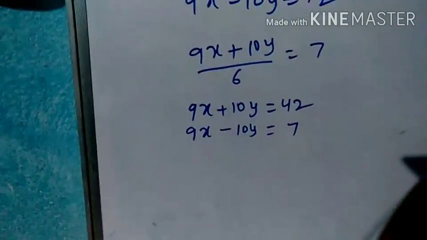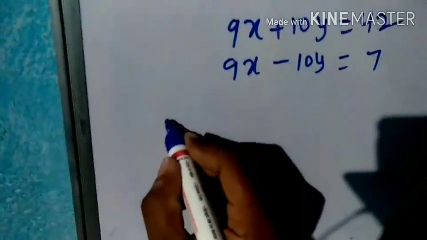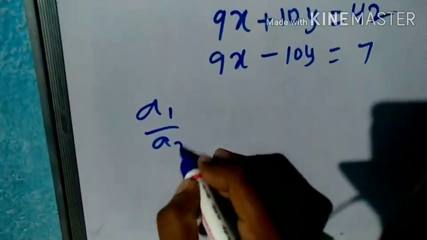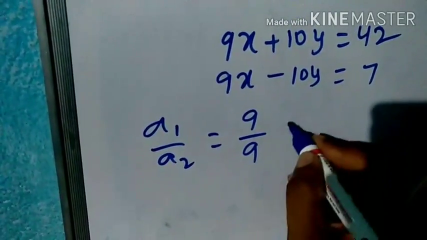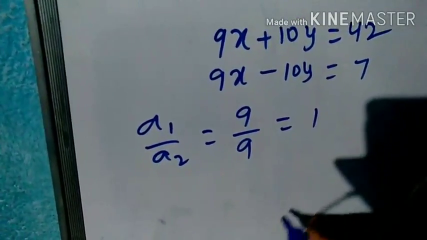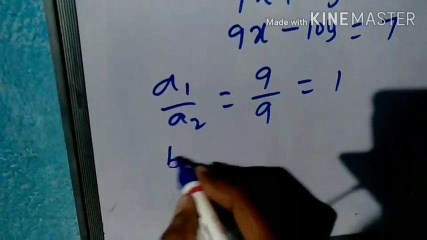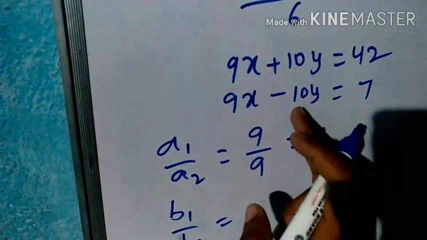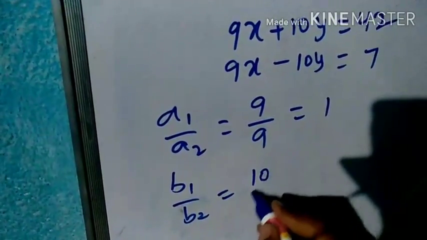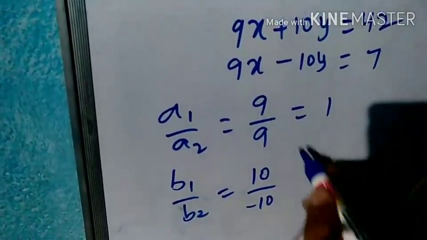Now do a1 by a2. a1 by a2 is 9 by 9, which is 1. Do b1 by b2. b1 by b2 is equal to 10 by minus 10.